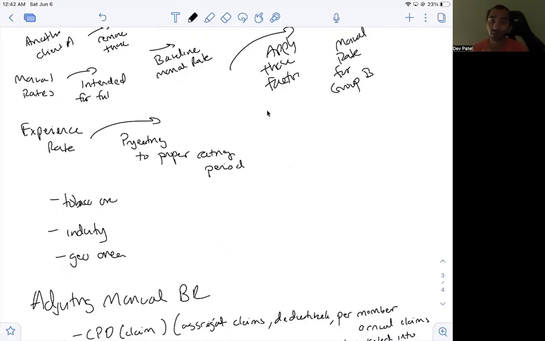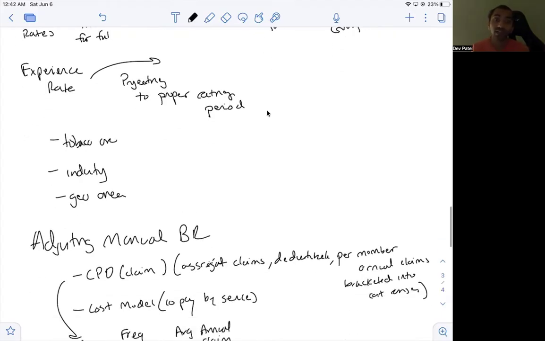And now we have experience rates. So manual rates, we talked about, this is the set rate that we are going to have for this group given these group and risk characteristics. Experience rate, now we're forgetting all the group risk characteristics. We're saying what's the actual historical data, historical claims that this group has actually experienced, and we're using those to project what those claims would look like in the projected period, and deriving the premium from those projected claims.